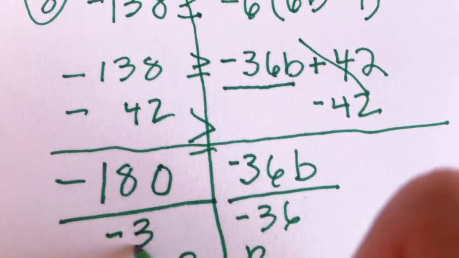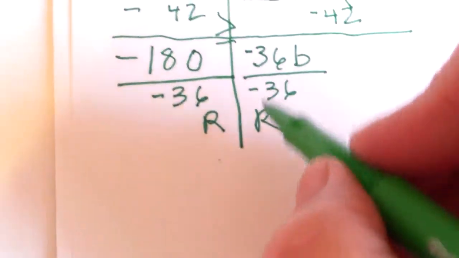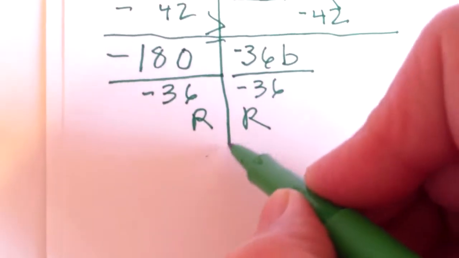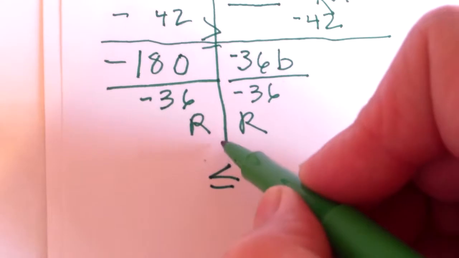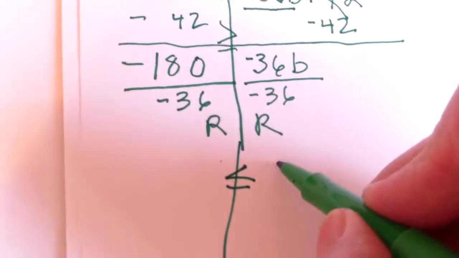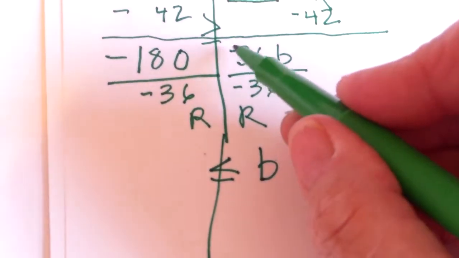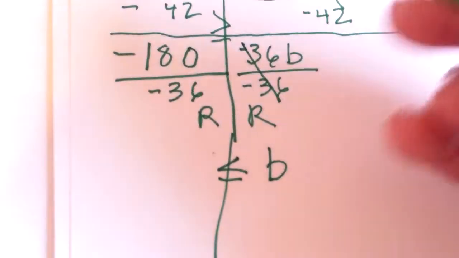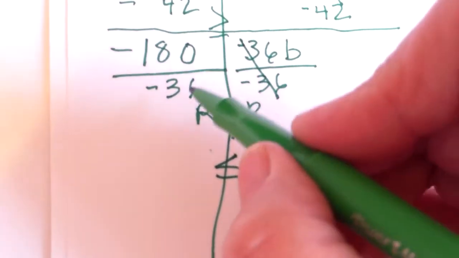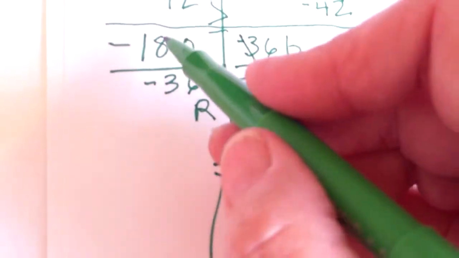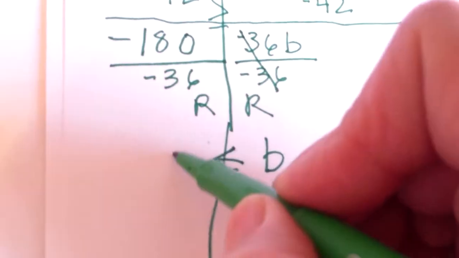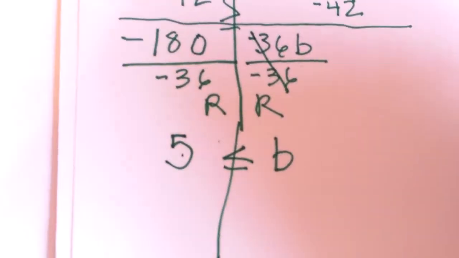So since I'm dividing by a negative, I'm going to flip my symbol. There's my little RR friend. So instead of greater than or equal to, now it's less than or equal to. And my B is isolated. Negative divided by a negative is a positive, and there are 5 36s in 180, and it's positive 5.